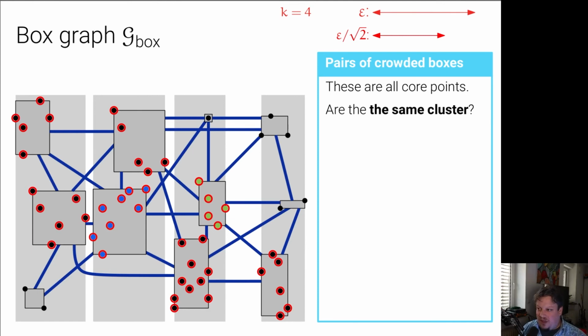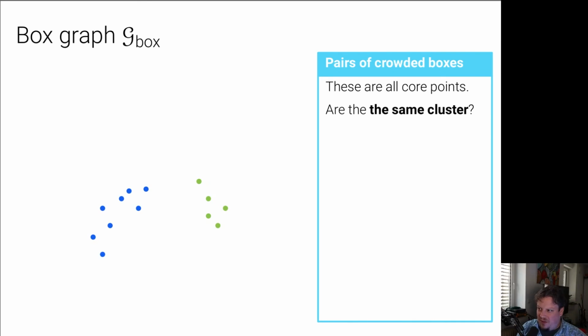Are they in the same connected component of the actual direct density reachability graph that I don't want to make because it has too many edges here within crowded boxes, and it also would have too many edges between crowded boxes. So everywhere else I can just make this direct density reachability graph, but between crowded boxes that's going to be too expensive.